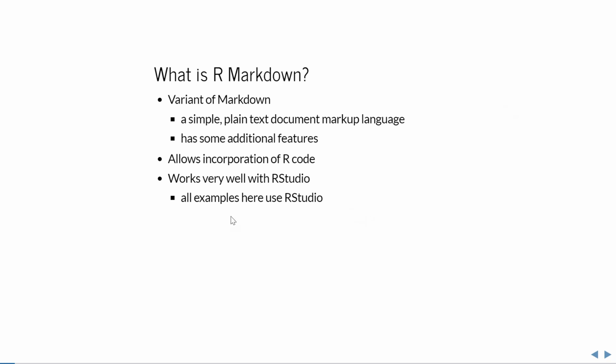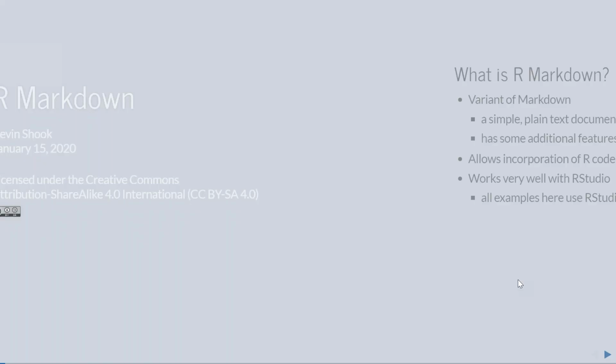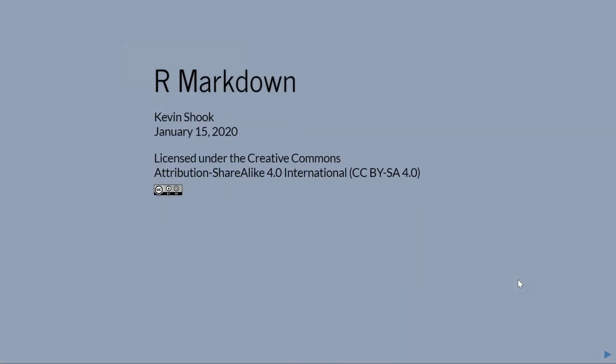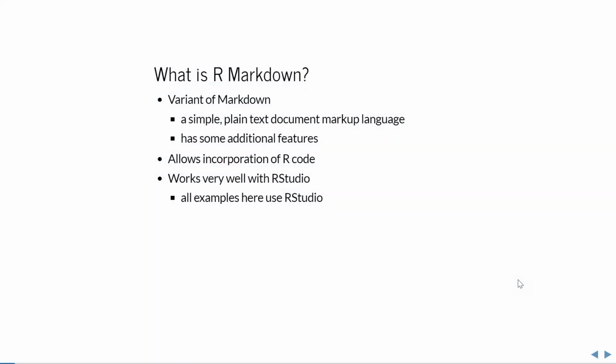Okay. Well, I'm going to go back a couple of slides since nobody could hear what I was saying. So what is Markdown? It's R Markdown. So it's a variant of Markdown, which is an older language for creating formatted documents from plain text. It allows you to take a plain text file and add commands to add formatting to it.